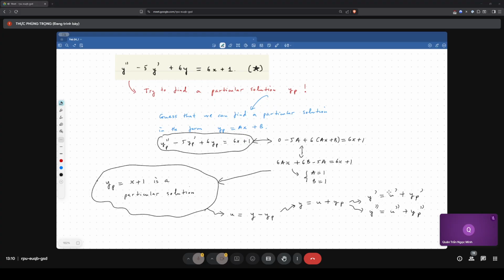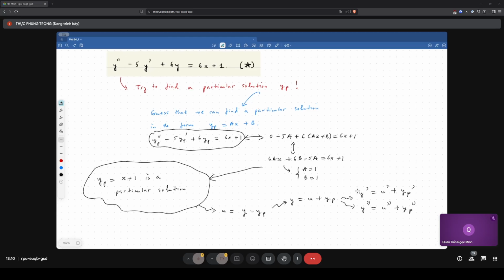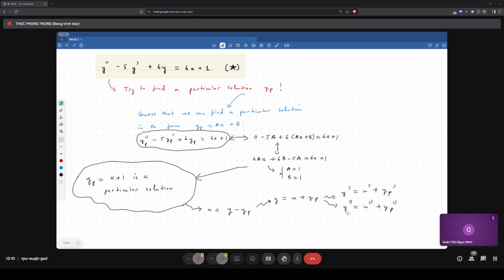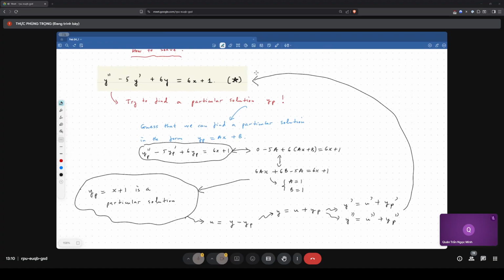And then you put them in this equation and see what happens to u, right? That's what we normally do. So from here, you put y prime and y double prime in here.